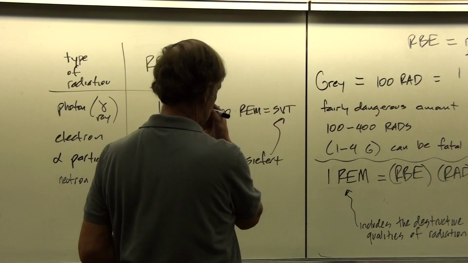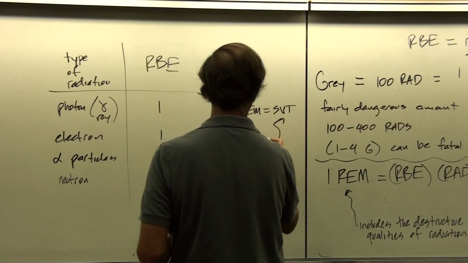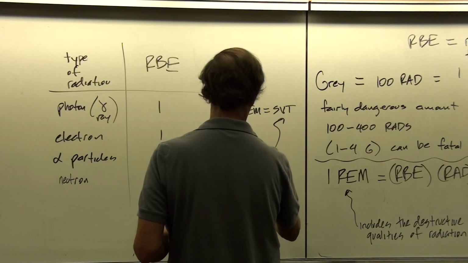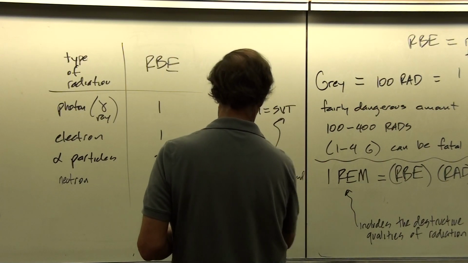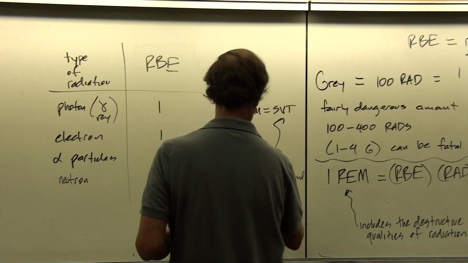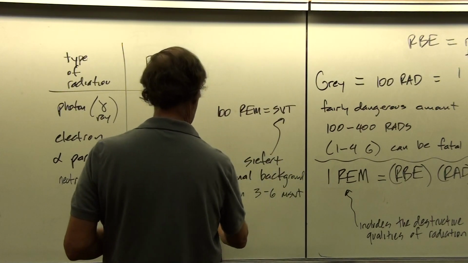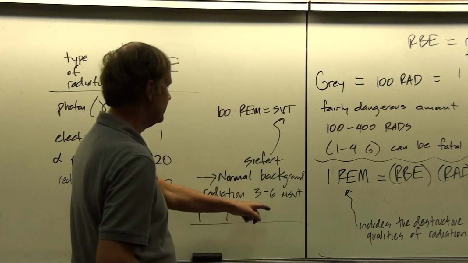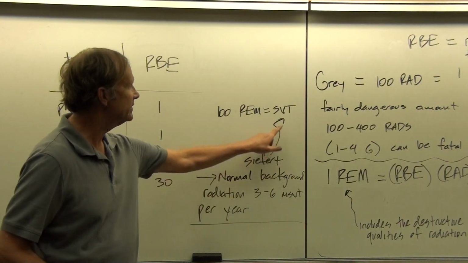And oftentimes we consider normal background radiation to be on the order of, say, 3 to 6 millisieverts per year. So this is what we would consider to be a normal background kind of radiation on the order of millisieverts.